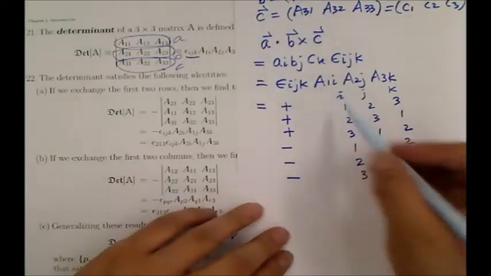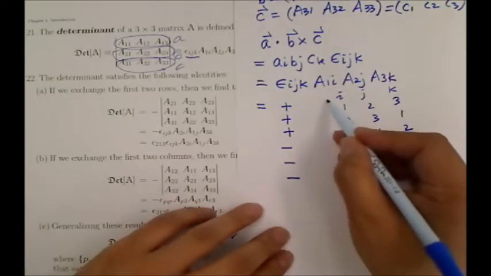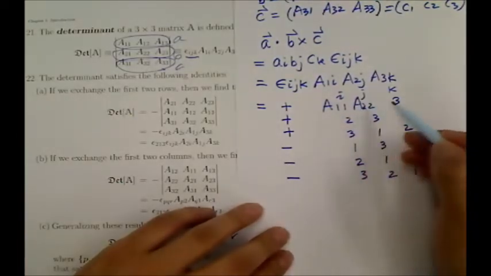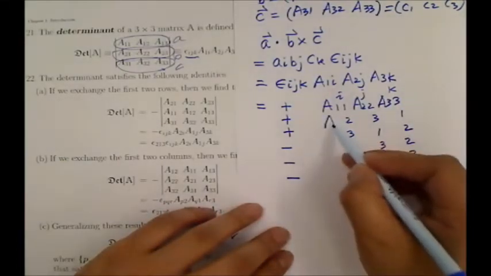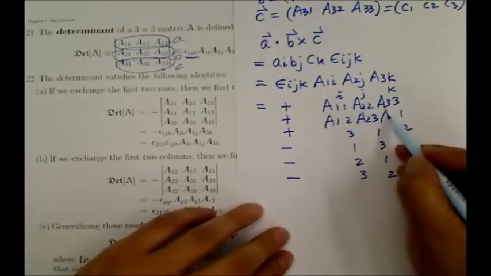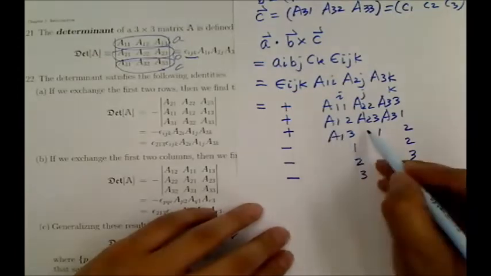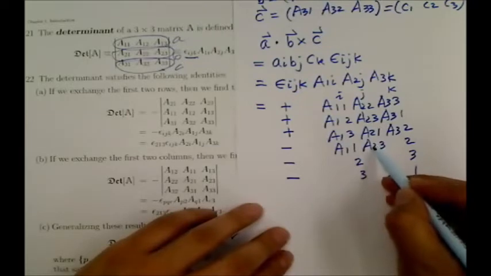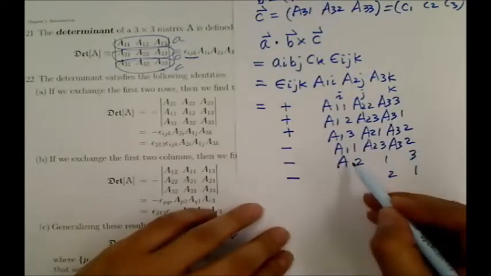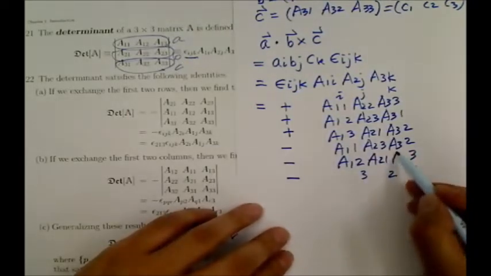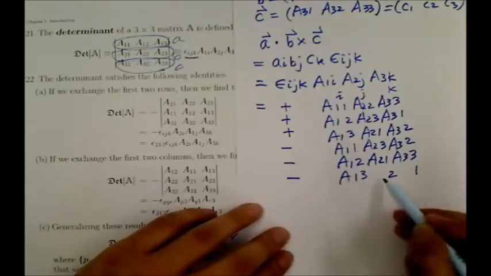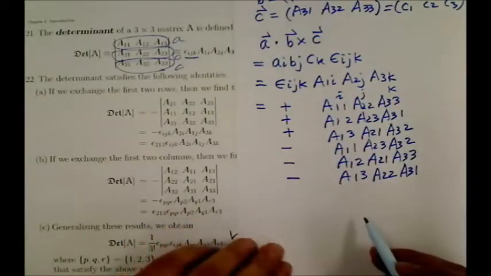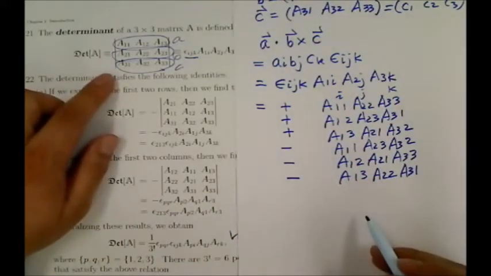So if I substitute all the exact values, this is just the determinant of this 3 by 3 matrix.